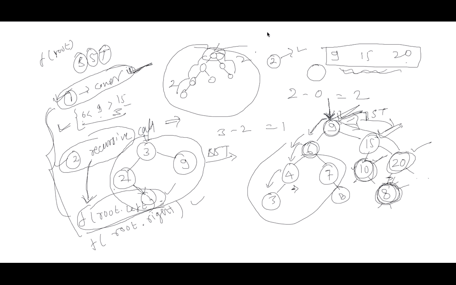So eventually the complexity would be order of n in terms of this list, but in terms of this tree, this is the height, so we can say log n, right? Why log n? Because this is a binary tree, so all the elements present in this would be log n, because that is the maximum height of this tree. So the time and space complexity would be log of n here.